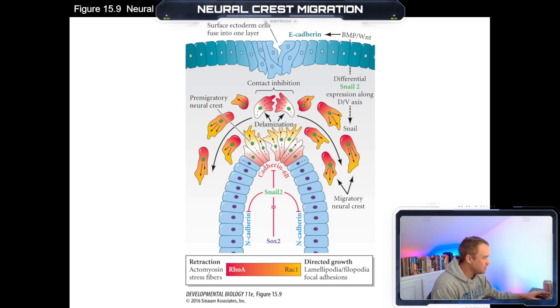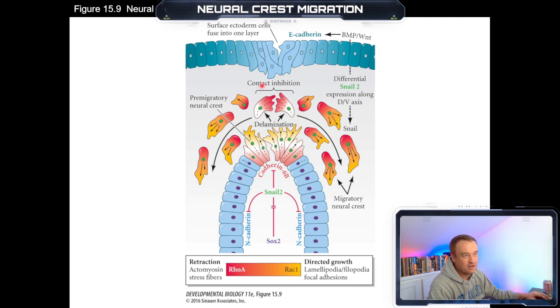During this process, there's a fascinating thing here too. When these neural crest cells, after this expression has happened, where we have the retraction and the delamination, they've pulled apart from the neural tube, we get what's called contact inhibition. You can see it right here.